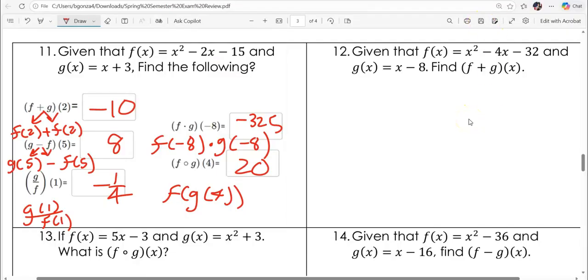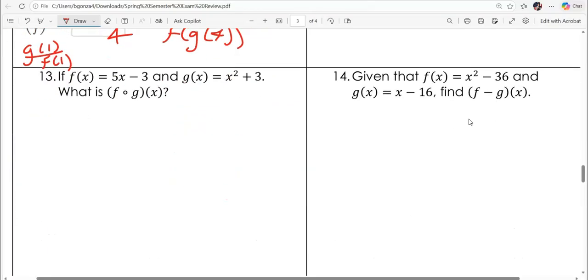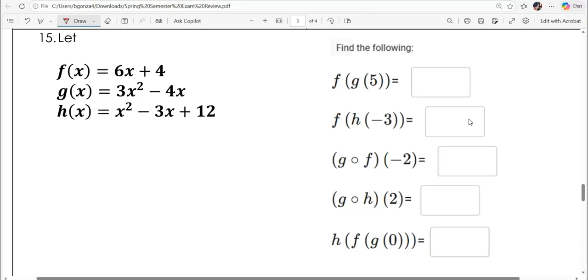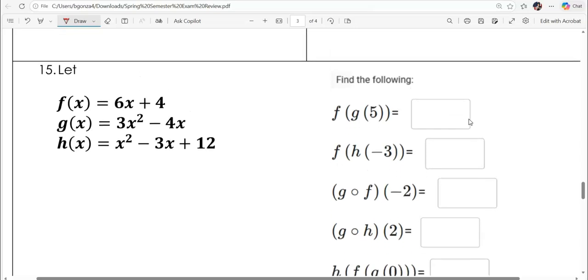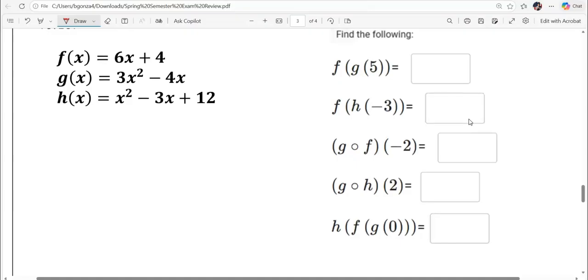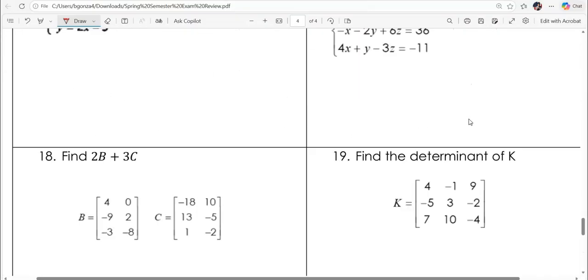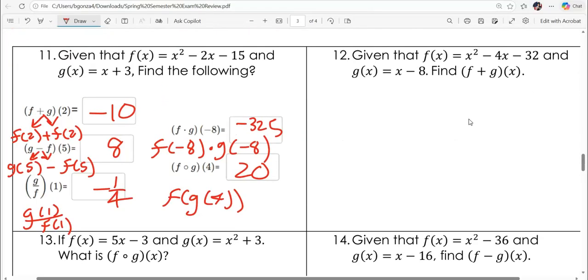Same thing with number 12, 13, and 14. Just more of the same. And then you got a little bit more on 15. All right, let's do it. Now, since it's x, you're going to actually have to add these up.